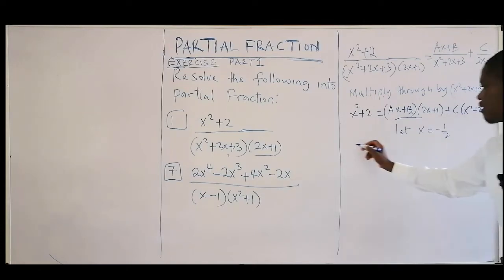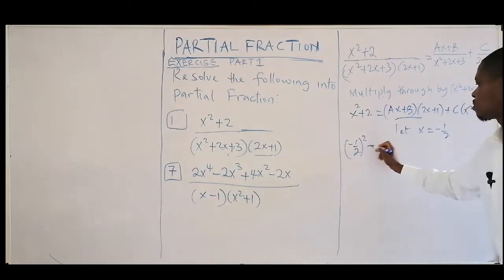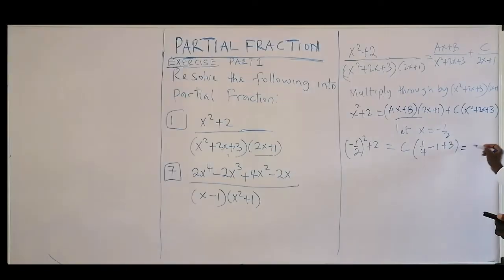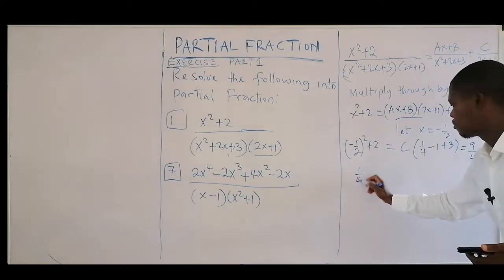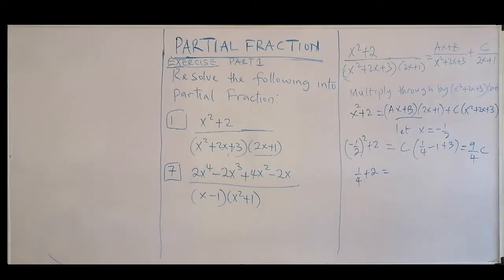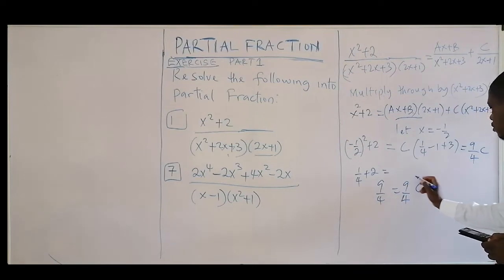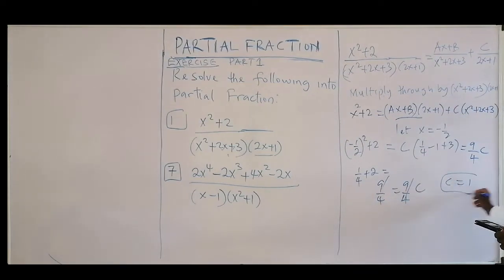Minus half all squared plus 2 equals c into bracket 1 over 4 minus 1 plus 3, that's 9 over 4 c. Now 1 over 4 plus 2 is 9 over 4, so 9 over 4 equals 9 over 4 c. This cancels, so c is 1.